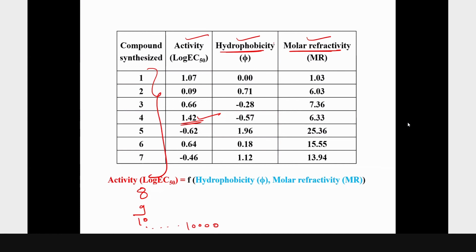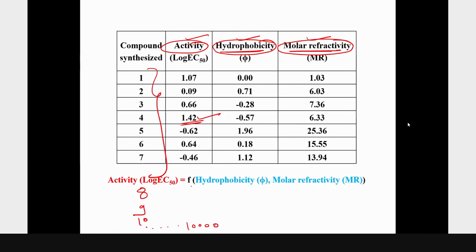Now these molecular descriptors, if you know the structure, you can calculate on the computer. Even if you only have the information about the experimental activity value, you can still calculate the molecular descriptors using computers. Okay, but right now consider that everything is experimental.